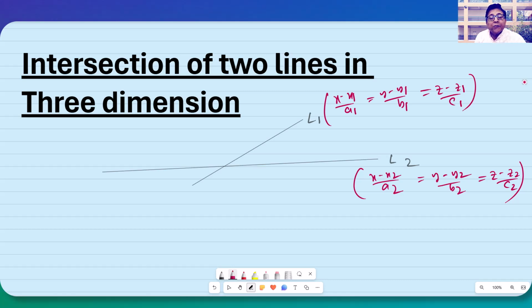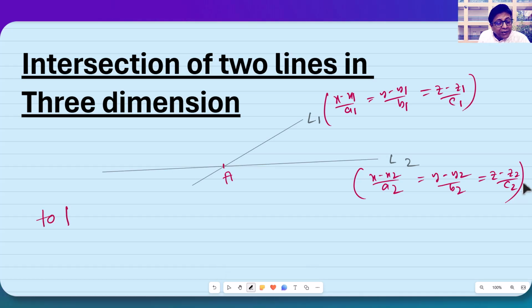Now to find their point of intersection, suppose A is the point of intersection. This point of intersection is common to the first line as well as the second line. So how do you get this? You take an arbitrary point on the first line. How to choose an arbitrary point on the first line?